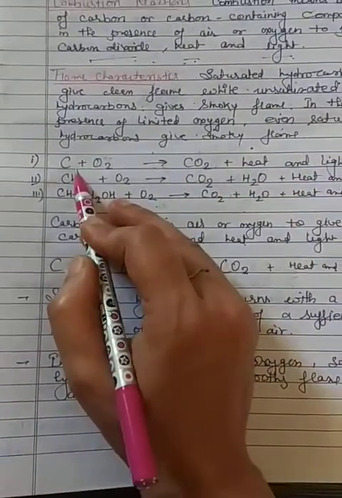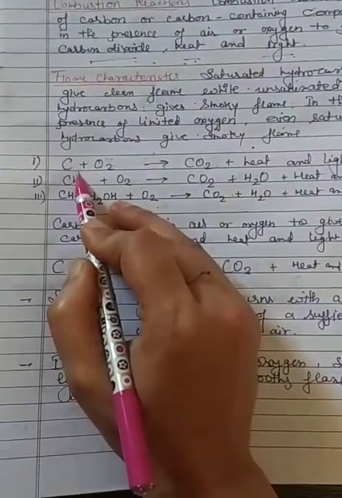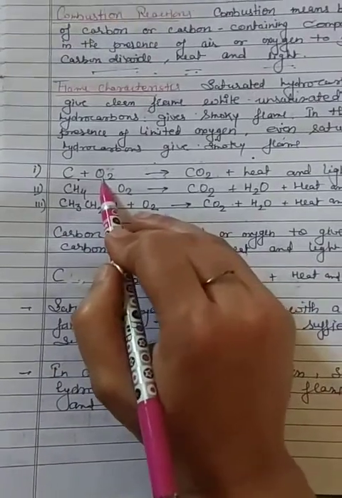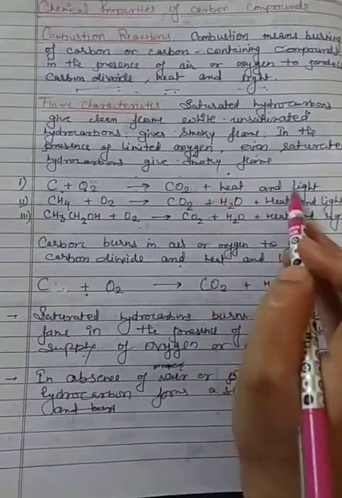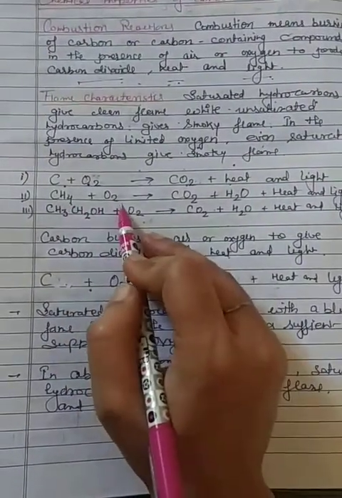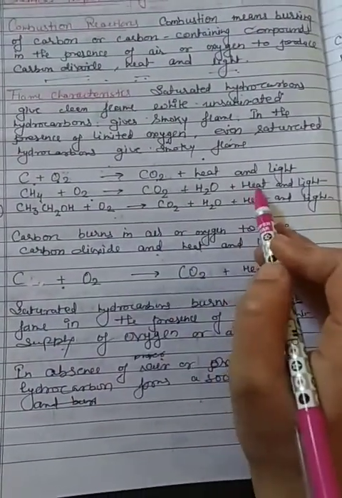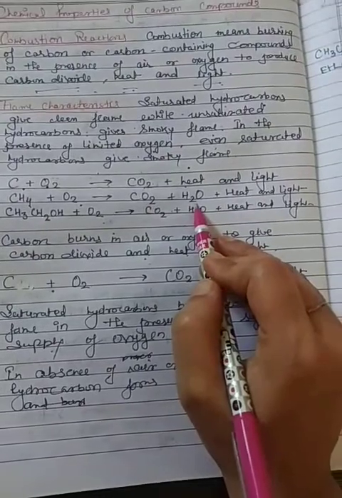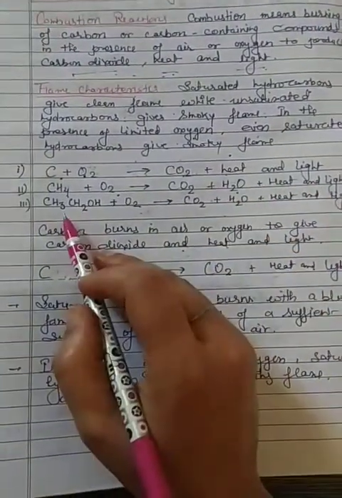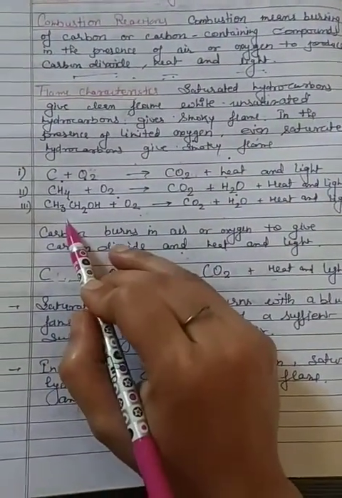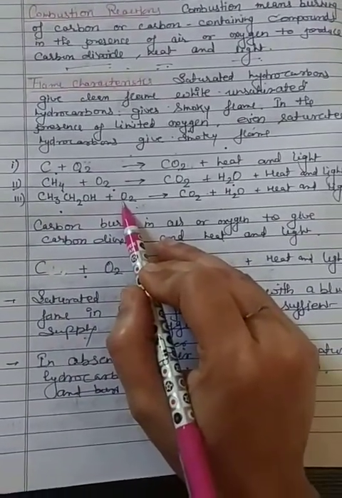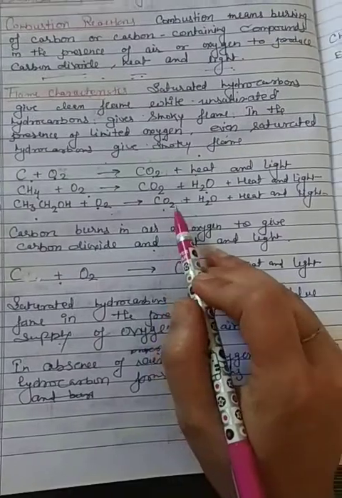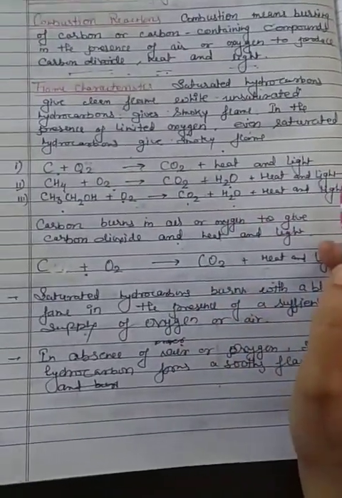For example, when carbon fuels burn in the presence of oxygen, they produce carbon dioxide, heat and light. Methane reacts with oxygen and produces carbon dioxide, water droplets, heat and light. Ethyl alcohol also reacts with oxygen to produce carbon dioxide, water, heat and light.